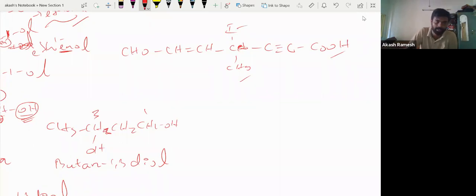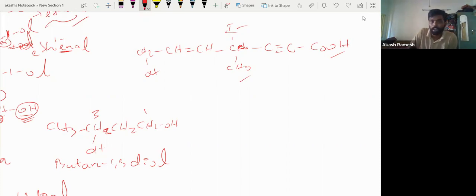Oh no, I don't want to use CHO because it will be a little confusing for now. I'll use something else, say CH2OH. All these things I have. Now, as you asked, when I have a double and triple bond, how it works, we'll try to see.